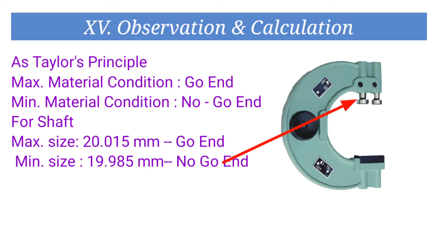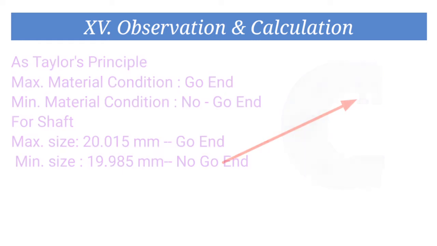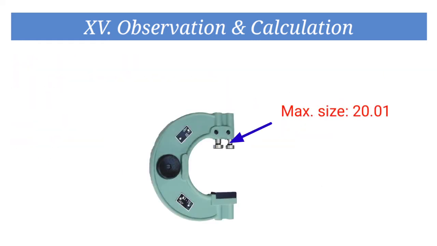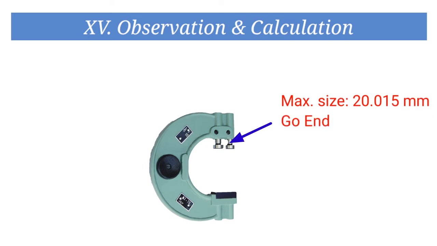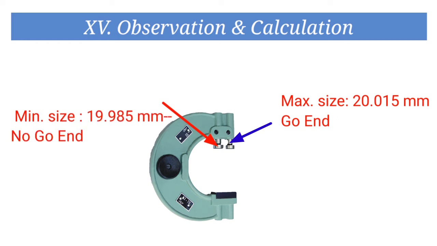The shaft having a dimension of 19.985 mm is the minimum material condition, so this dimension should be assigned as the no-go end. For the snap gauge, this position will indicate the go end side and this position will indicate the no-go end side.